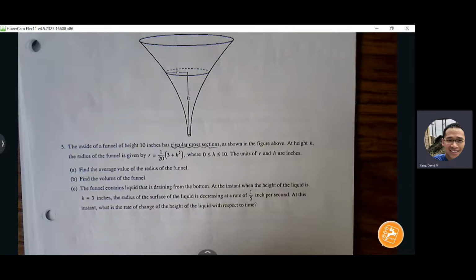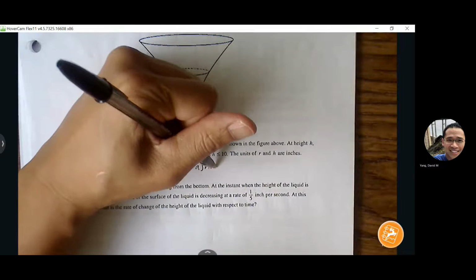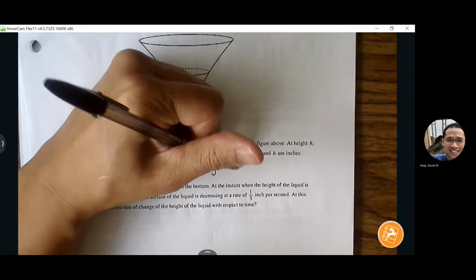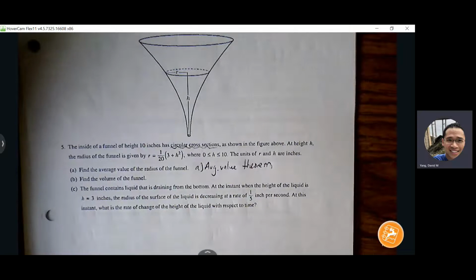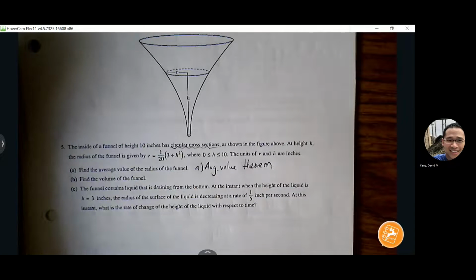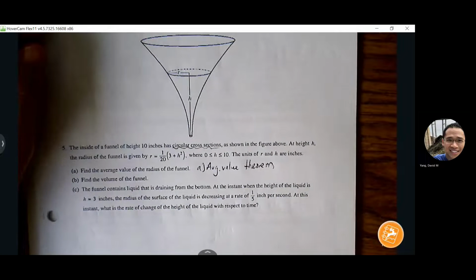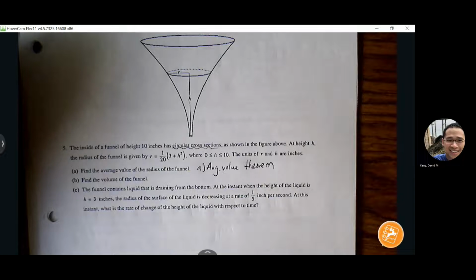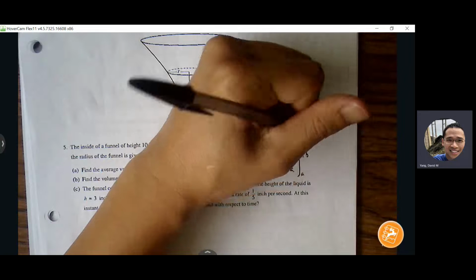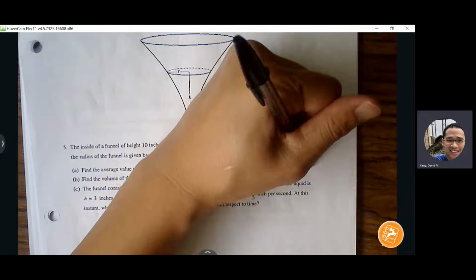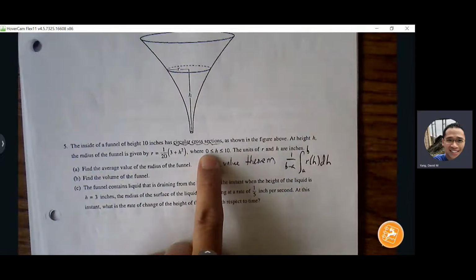I can just go through the average value theorem, which is 1 over b minus a, integral from a to b of, in this case, r of h. Okay, so our a and b values are 0 and 10.